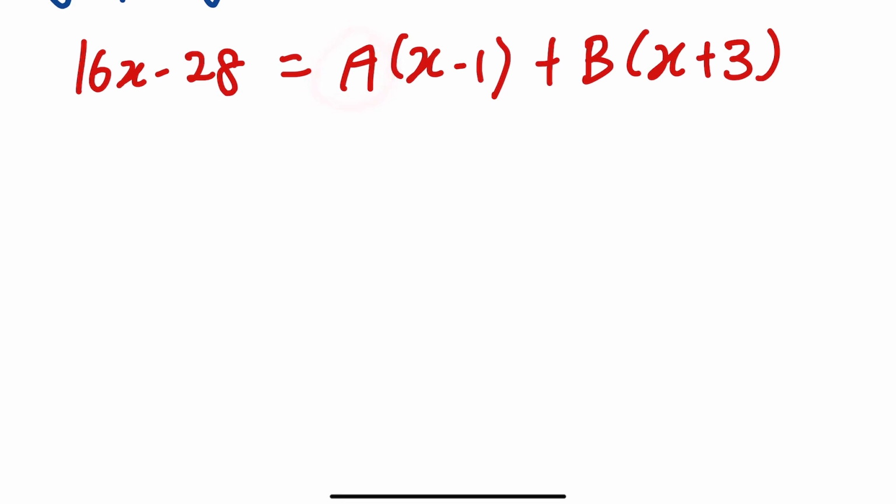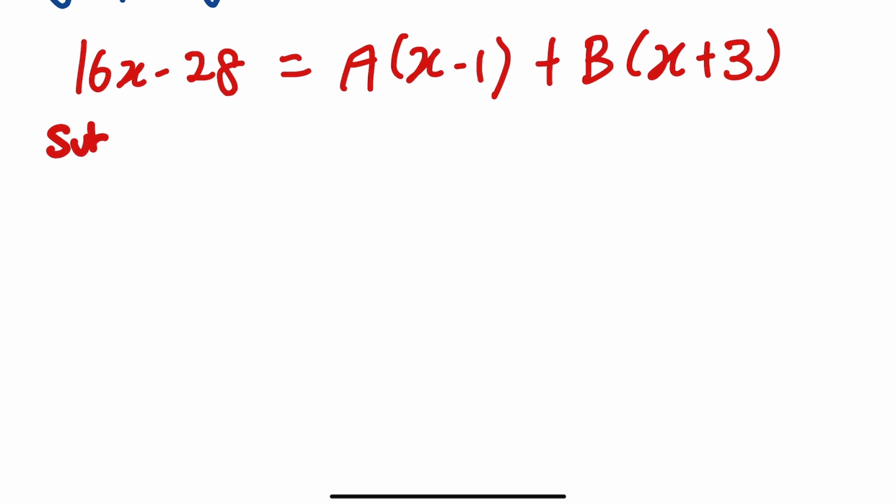It means I must get rid of B, right? So what value of x can you sub in such that you can get rid of this B? Then I can just find out A. Since I have B times x plus 3, if you are sharp, you can see that if I sub in x equals negative 3, this B will be B times 0, so this B will disappear.